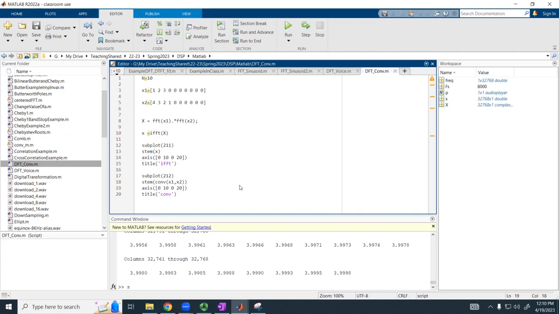And in the second graph, I'm going to calculate the DFT of x1 multiplied by the discrete Fourier transform of x2. Then I'm going to take the inverse discrete Fourier transform and put it in x. I'm going to plot them, and as you would expect, both of them are going to give me the same results.